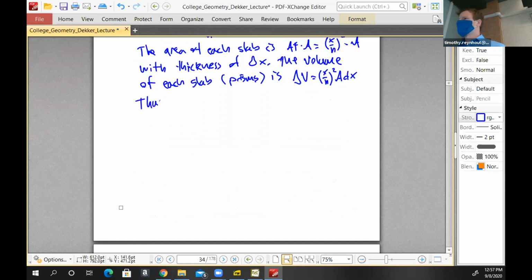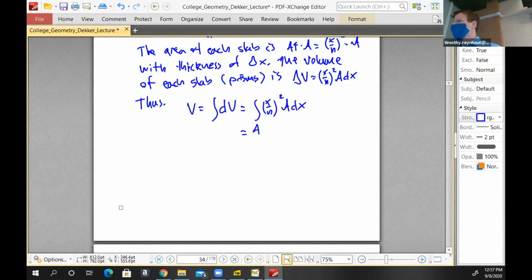Thus, the volume can be given by the integral of the differential, which is the integral of x over h squared times the area dx. But I have an h squared that I can pull out, 1 over h squared, and the area I can pull out.